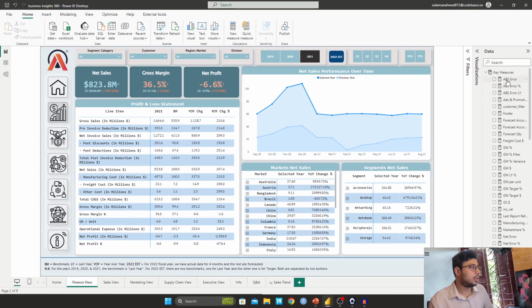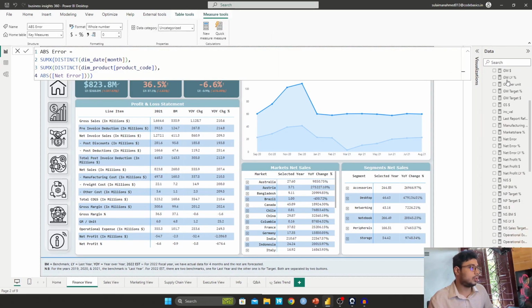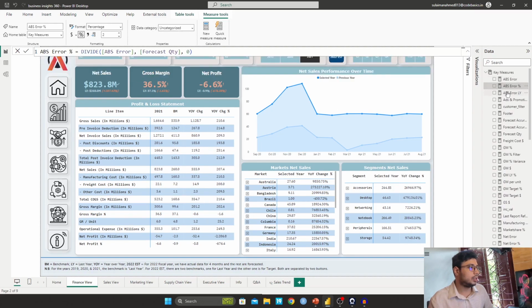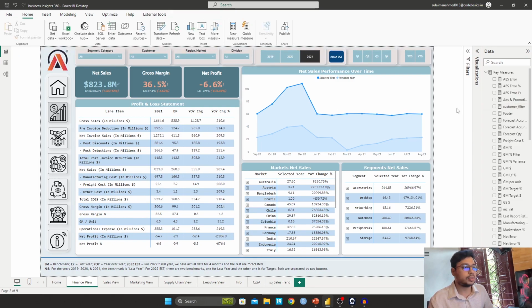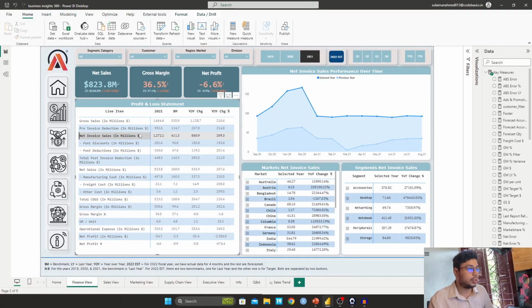I have created all these measures using different calculated columns, or the columns given with our data set. As you can see, the finance executive can click on different line items, can see the performance over time. They can also check the year over year change percentage.